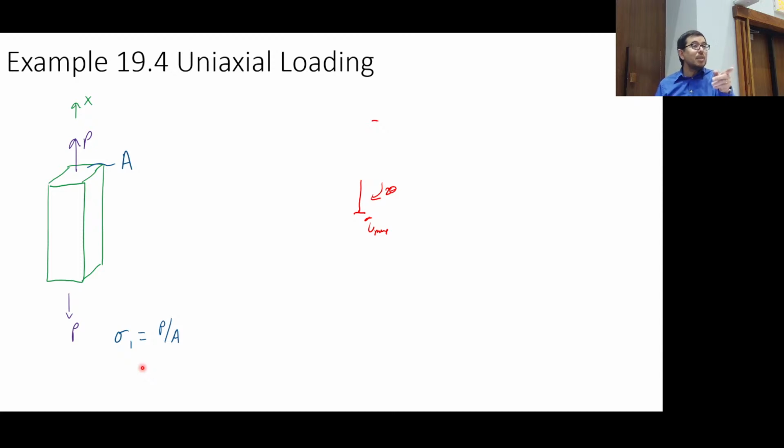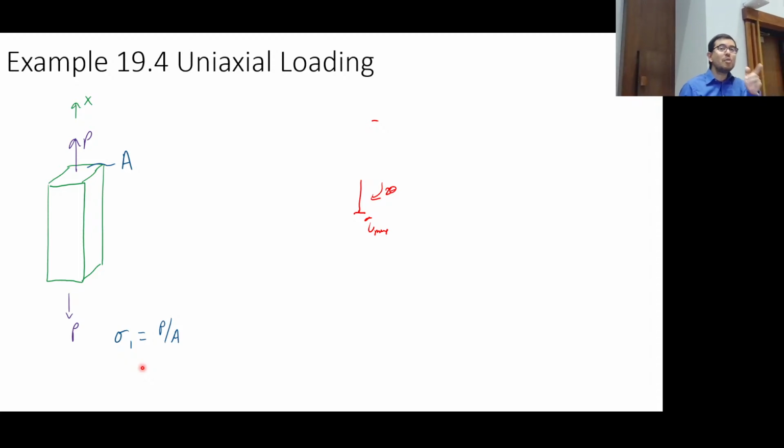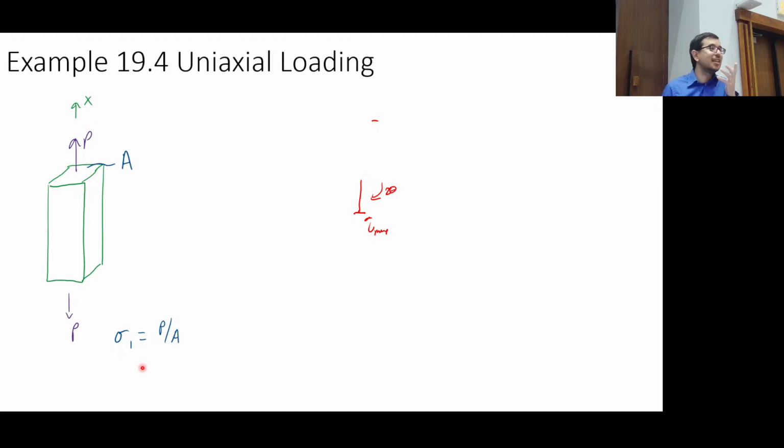Okay, sometimes it means X direction, yes, in FEA. Now, though, what else does it mean? Maximum. Yeah, it's a principal stress. Sigma 1 is a principal stress. Okay? So, sigma 2 and sigma 3 are equal to 0.